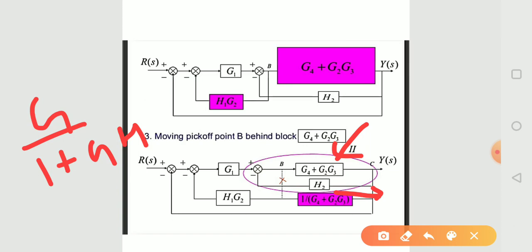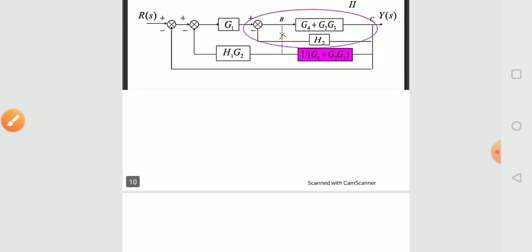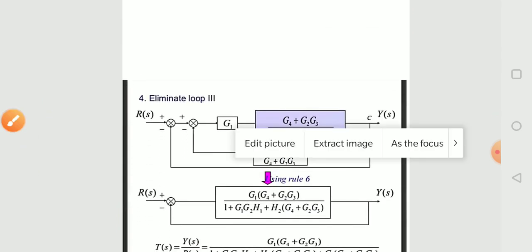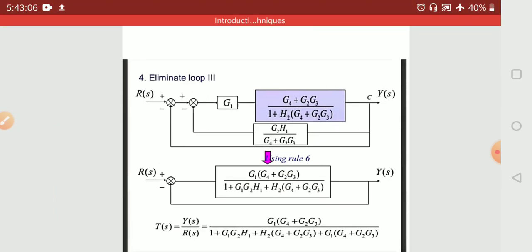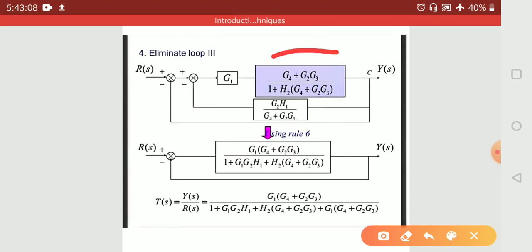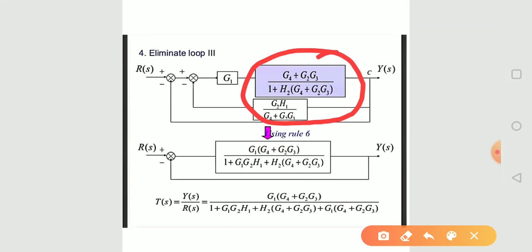After solving it, we find the value for this loop is G4 plus G2 into G3 upon 1 plus H2 into G4 plus G2 into G3.